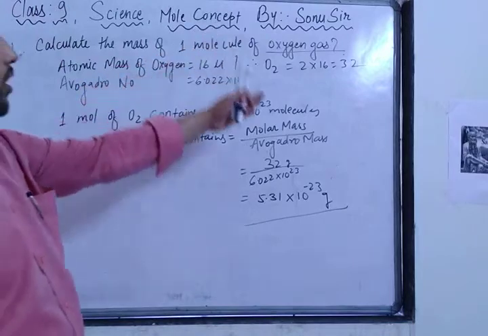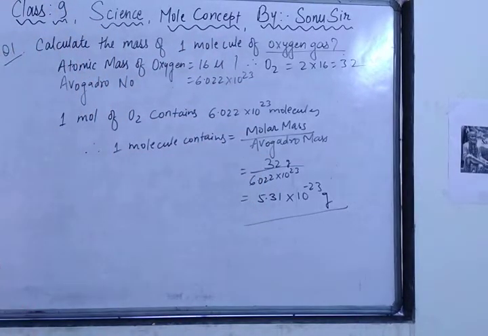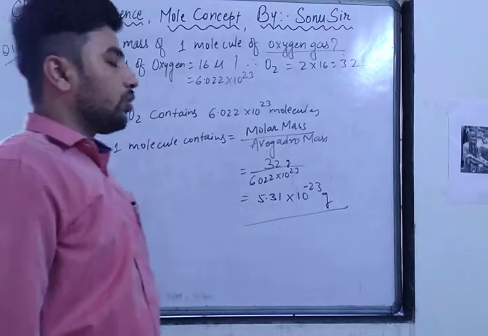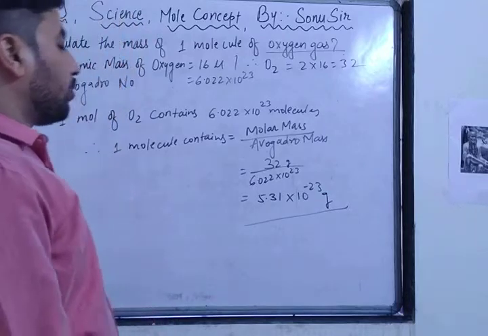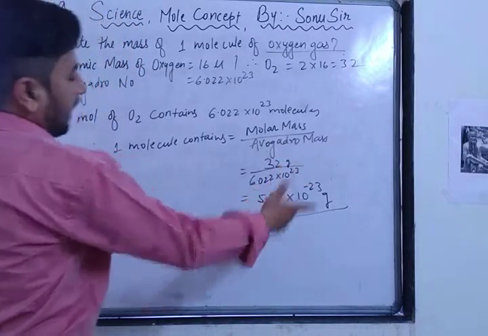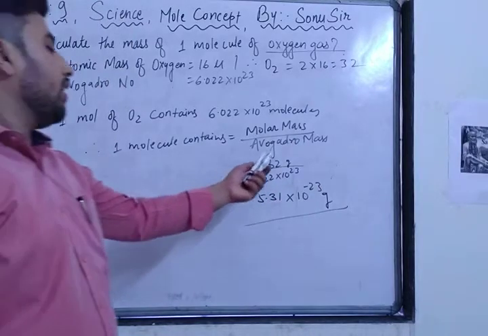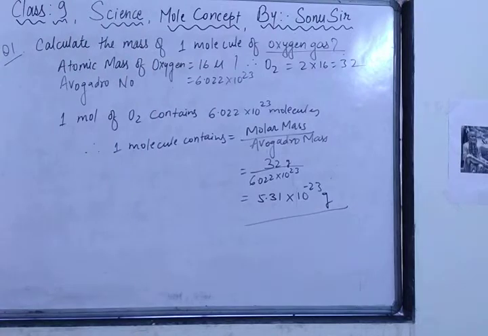Molar mass of oxygen is equal to 32 gram, divided by 6.022 into 10 to the power 23. As we divide, we get the result 5.31 into 10 to the power minus 23. Just assume 6 6 are 36 and here it is already, so it is approximately 5.32 or 5.31. You can write like that.